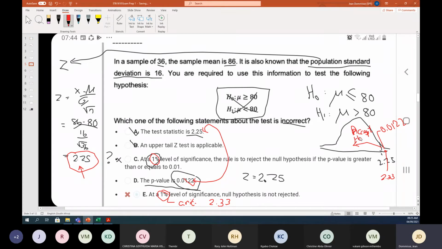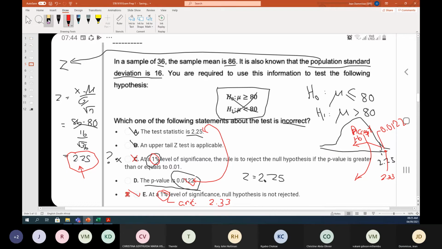Let's just read that again. At the 1% level of significance, null hypothesis is not rejected. Not rejected means the same as accept. Okay, so that should be correct, and then that is the wrong one.